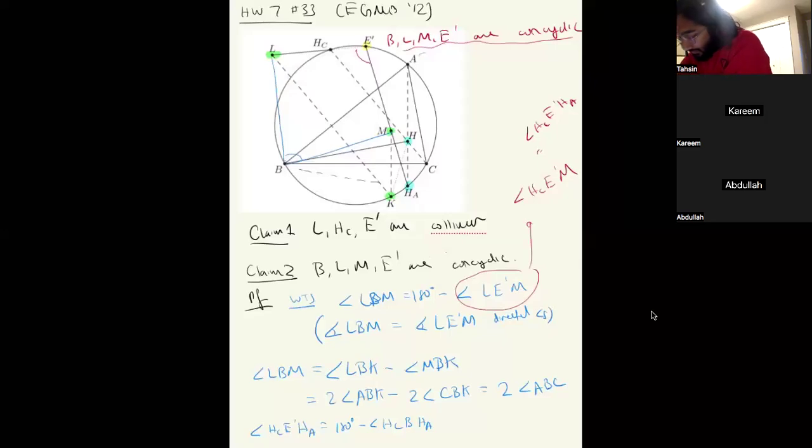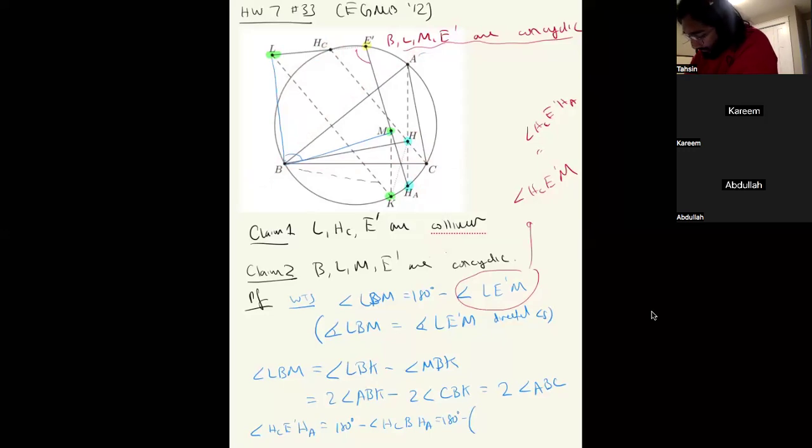And then the point is, how did we get HC and HA? Well, we just reflected H over two sides. So it's again some kind of double thing, right? So this is 180 degrees minus, so what do we subtract?